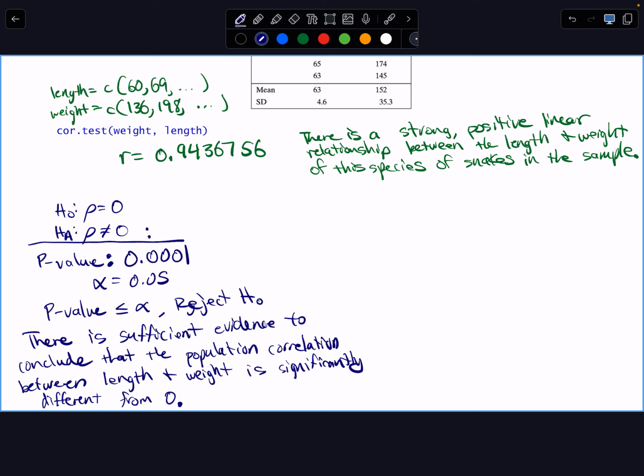Okay? It's significantly different from 0. That's what the hypothesis test gives me.